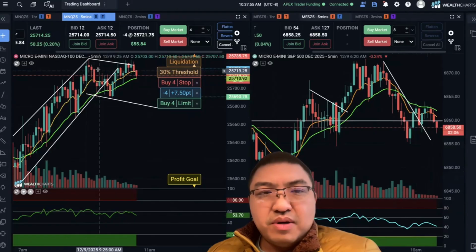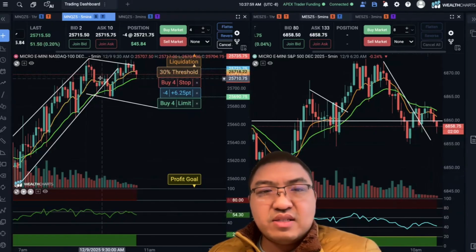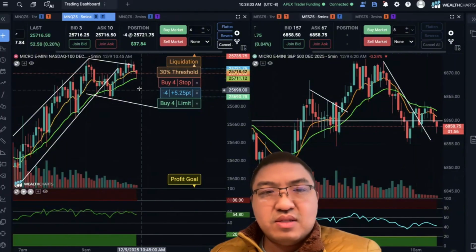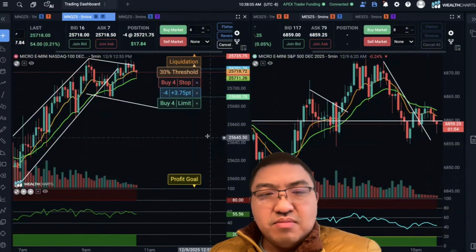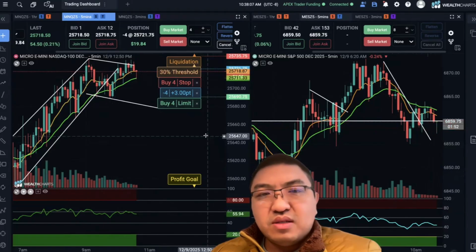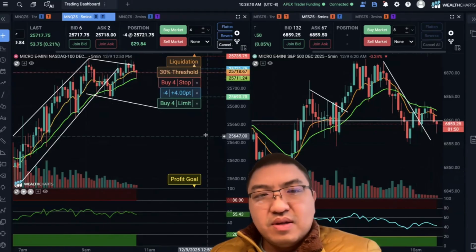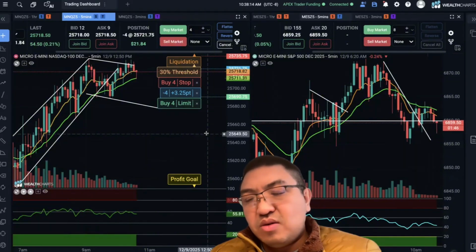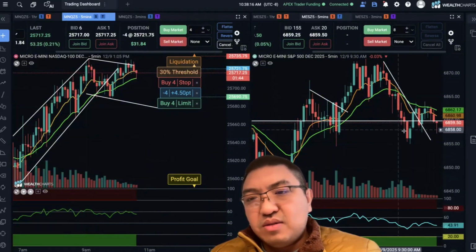I'll wait for the completion of this 5-minute candle and see if the next 5-minute candle keeps going down, then I'll move my stop loss. At this time, it's only a couple of points. It's too early to move it to break even.